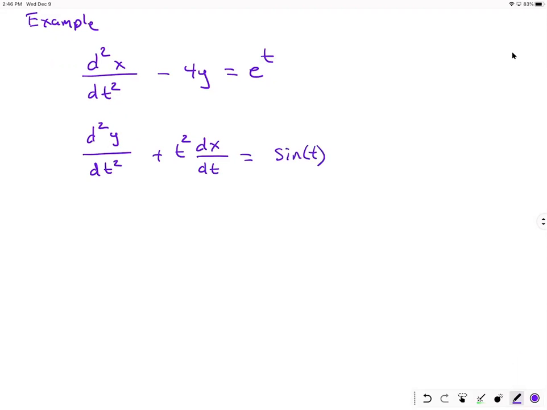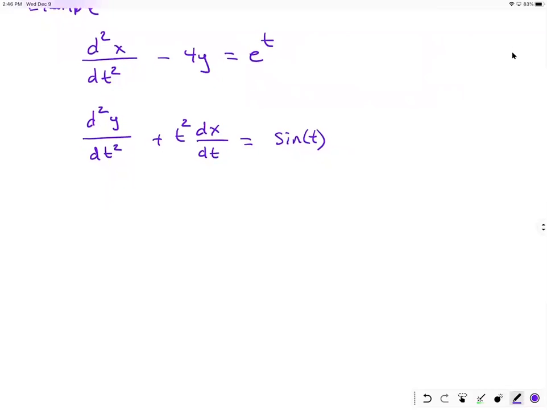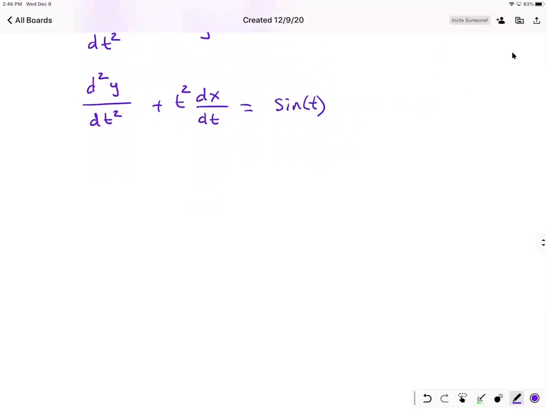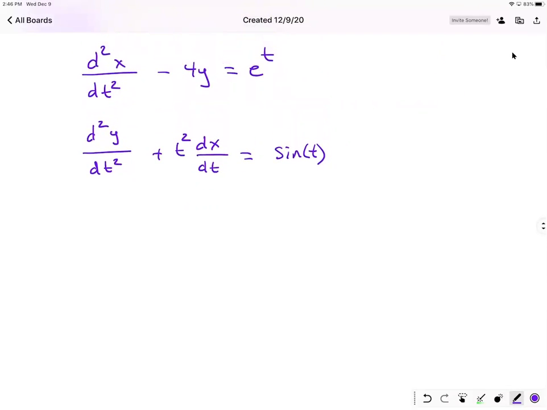So this is a system of differential equations with x and y, but now we have the second derivative of each. And there is a very powerful technique that we should get comfortable with. It takes a little practice. We've done it before, but let's do it again. Just looking at x, I'm going to make x1 equal to x.